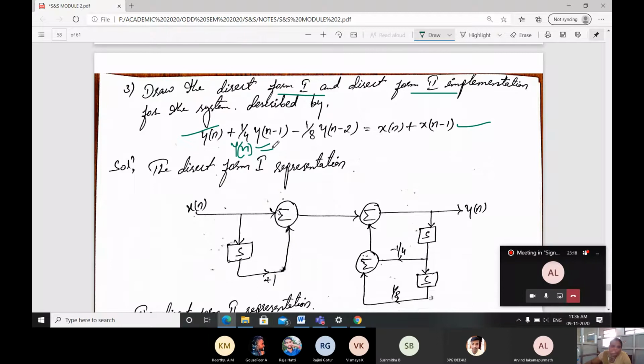So what I can write here is y of n equals x of n plus x of n minus 1.